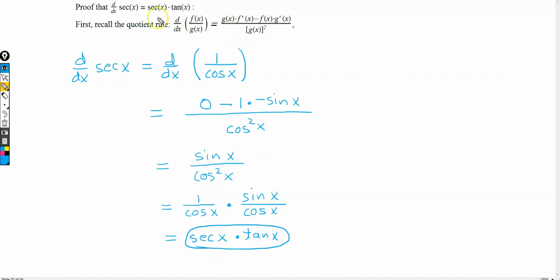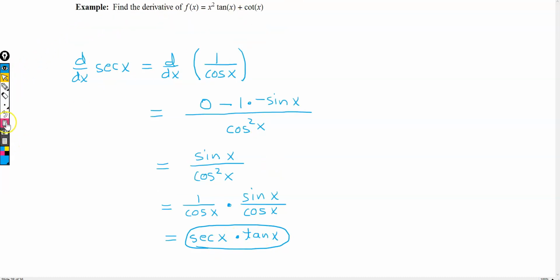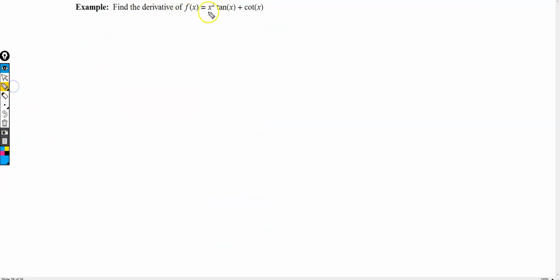Let's take a look at an example. So let's evaluate the derivative of x squared times tangent minus the cotangent. Alright, so f prime of x. For this part right here, we have to apply the product rule.